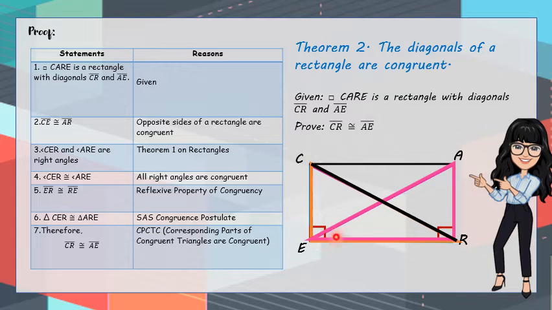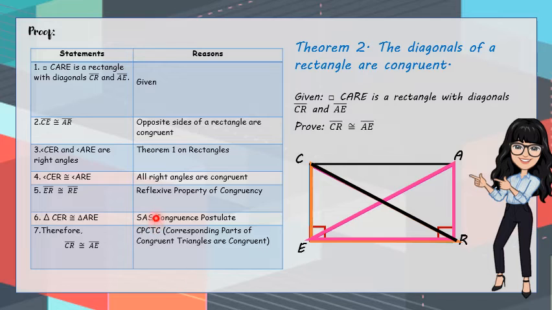So this ER is part of this orange triangle, and this is equal to the RE or ER of this pink triangle because of reflexive property. So we have side, angle, side, side, angle, side. So that is why we will be supporting the congruency of our 2 triangles by SAS congruence postulate.